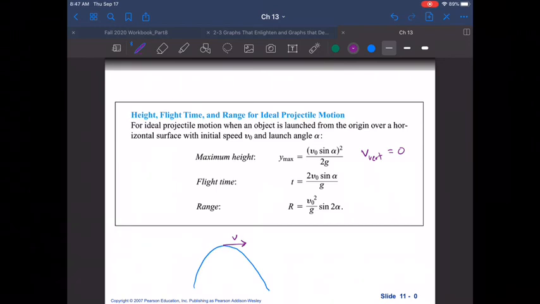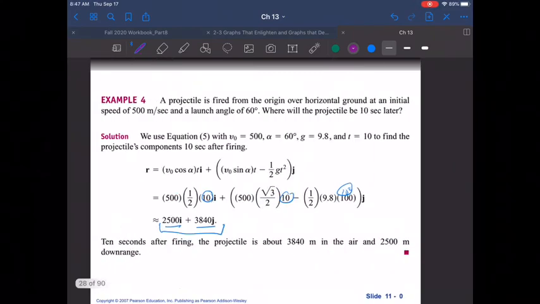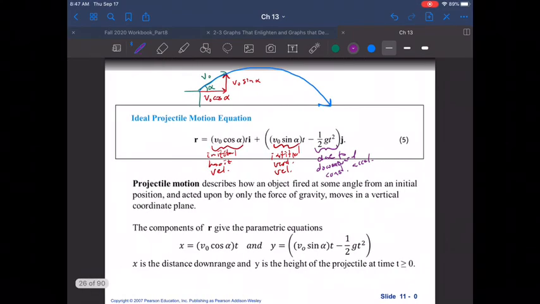Flight time, you get this by figuring out how long it is in the air, right? How long is it actually in the air till it hits the ground? Sometimes you might have to come over here and use it, but remember the times are always the same.